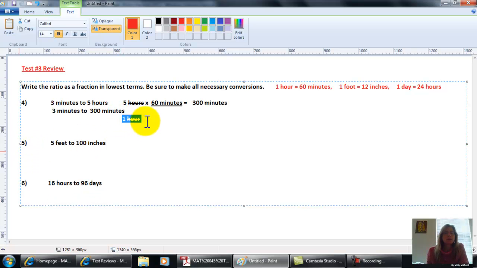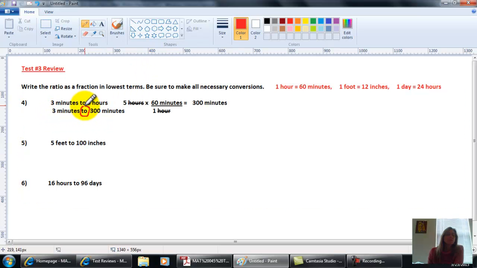So your new ratio is then, you still have your fraction line there. So it's 3 minutes to 300 minutes now that you're reducing as a fraction.